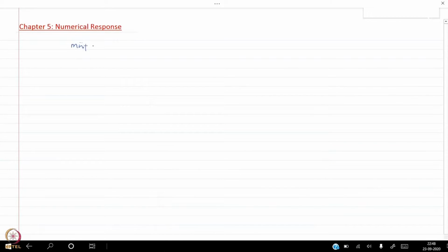In today's class, we are going to see how to get the response of a single degree of freedom system using numerical methods. So, our equation of motion, that we have been dealing with so far, can be written like this.